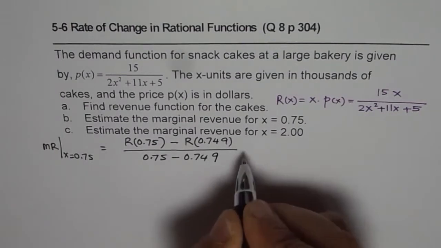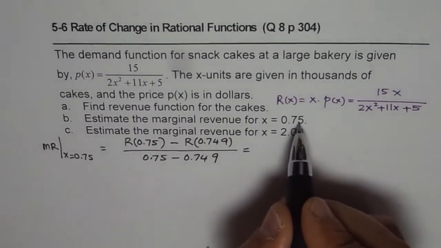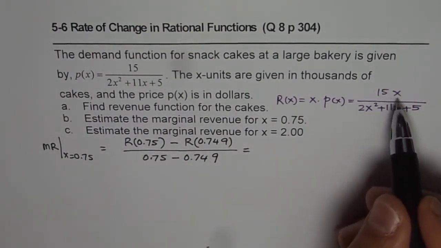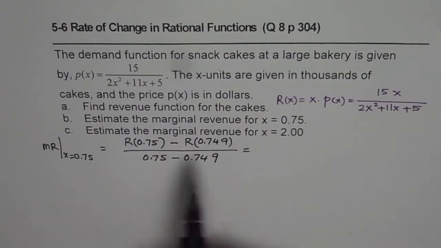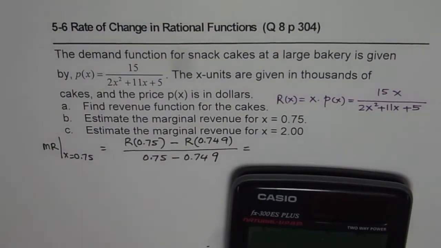So we can substitute the value here and find the answer, correct? Let's calculate this expression for x equals 0.75 first, and then we will calculate it again for 0.749.